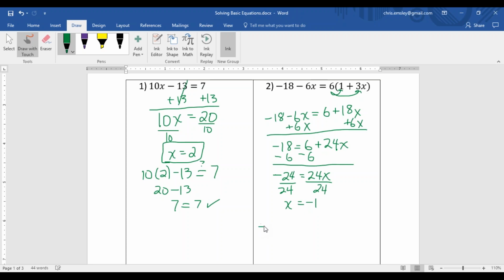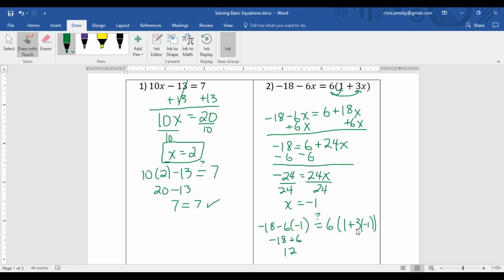Again, let's check our answer. So negative 1 goes in place of x, and we want to know, does that really equal the right side? Okay, over here on the left, we do this multiplication first. So we get negative 18 plus 6, and that turns out to be 12.